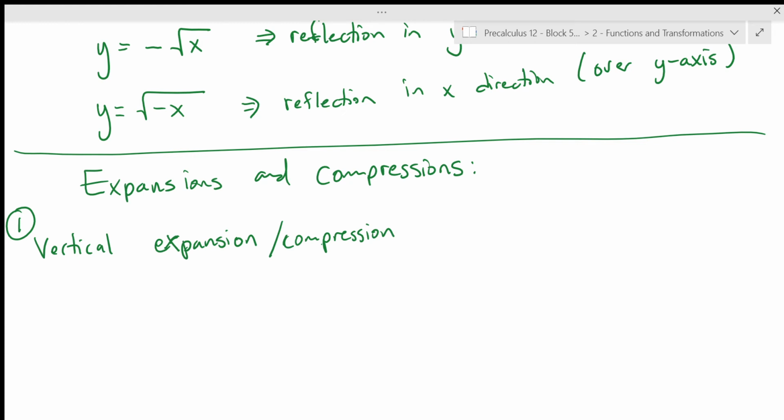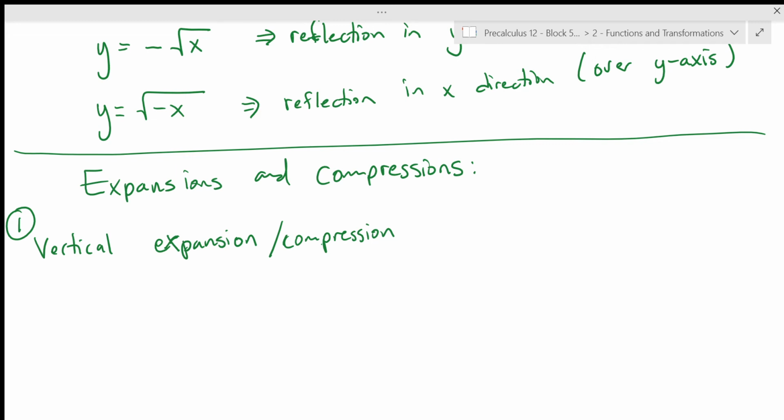For all of the functions we're working with, you actually could go either way. If you have a graph and you see that it's been expanded or compressed, you could write it in x or you could write it in y, and they would both be accurate as long as you've got the scale factor right. But we're going to be really focusing on those y expansions or compressions until we get to trigonometry, where they actually don't do the same thing to the function.